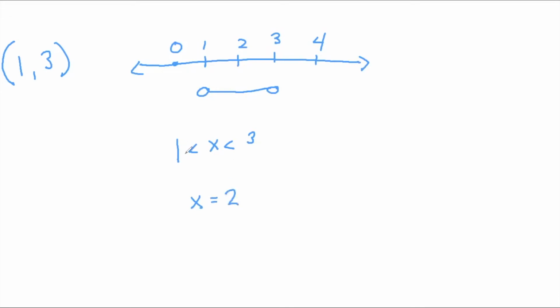Is 2 greater than 1 and less than 3? The answer to that is yes, and you can actually check that up here by looking at, okay, 2 is right here, and is it in our interval? Yes, it is. Okay, so that's kind of the start to inequalities. Again, we're using the less than and the less than here instead of the less than or equal to because we do not want to include it.